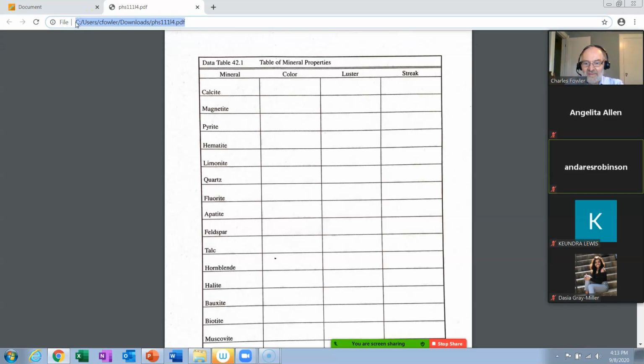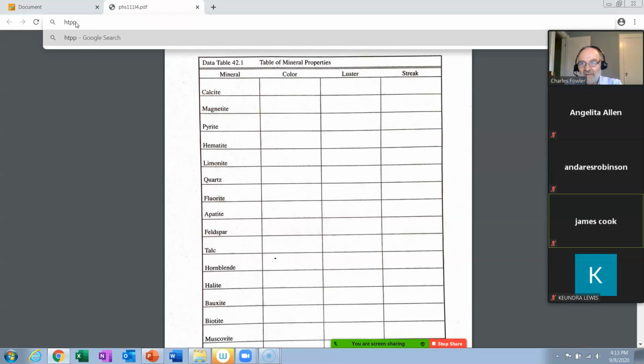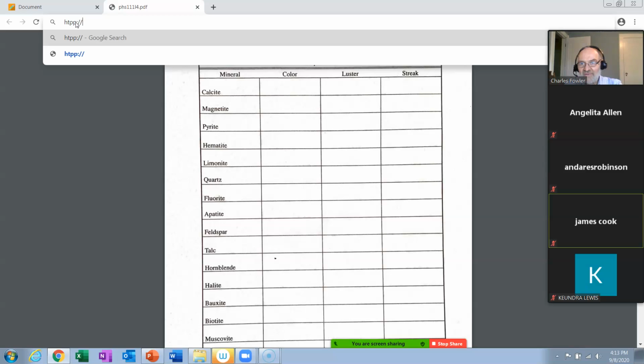Let's do it in the HTTP, webmineral.com, remind me, slash data, right? I'm going to start with calcite, C-A-L-C-I-T-E. Hopefully that will be it.